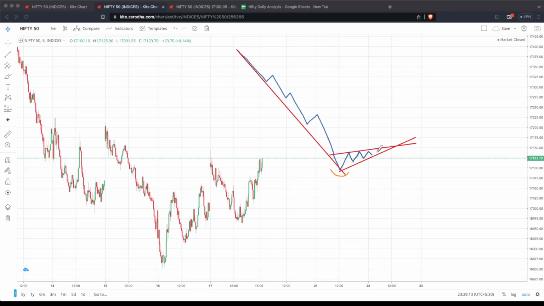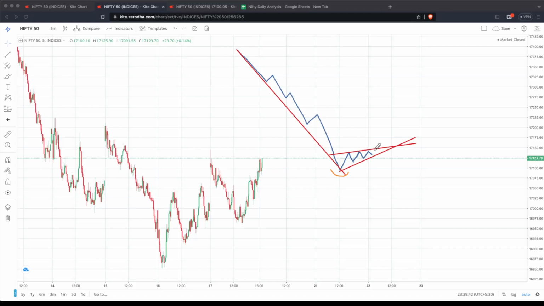Eventually the fight between the bears and bulls reaches a point where one of them has to break out, and most often it is the bulls who give up, because the market before that has been falling, and the bulls are trying to push the price up but are not able to create decent highs.